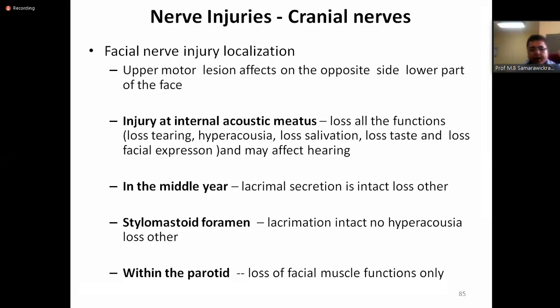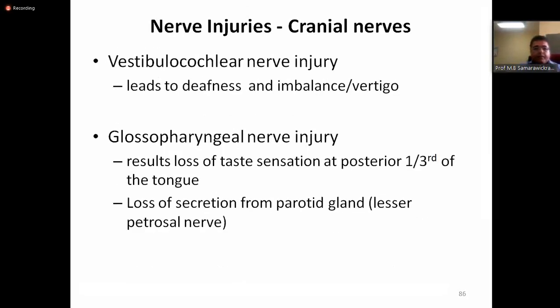Then if the nerve is damaged at the parotid gland, only the facial muscles are affected, because you know at the stylomastoid foramen it gives its chorda tympani branch which carries the secretomotor to the salivary glands, right?